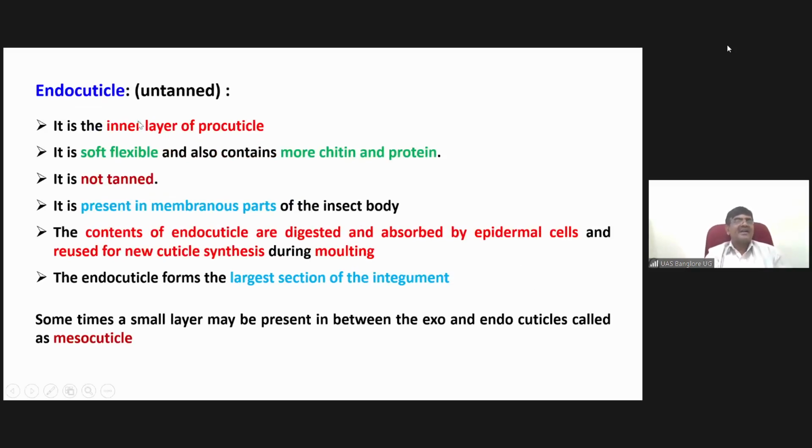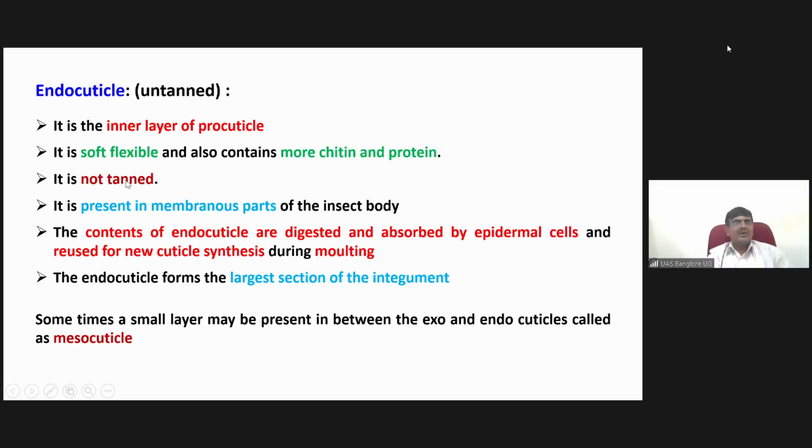And the underlying layer is the endocuticle, which is untanned. As I told you, it is the innermost layer of the procuticle, and it is soft and flexible, whereas exocuticle is hard. This contains more chitin and protein.